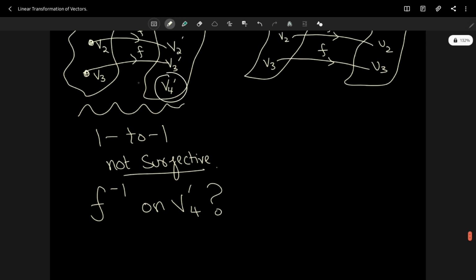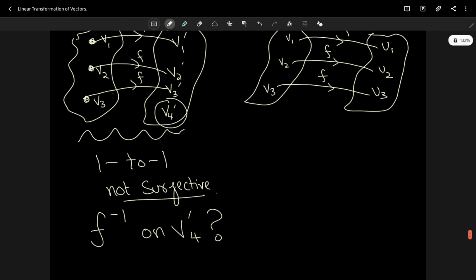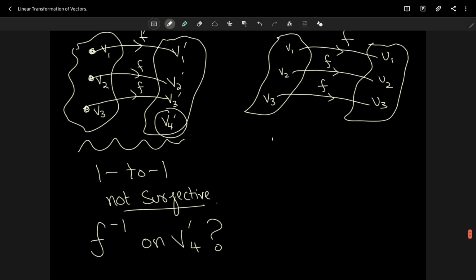That is this element, because you can see that there is no function that is mapping to V4 over here. And in this other case, well, nothing much to say about this. It is a one-to-one surjective map.